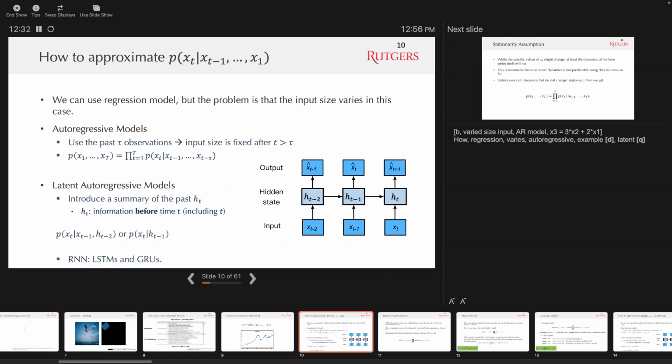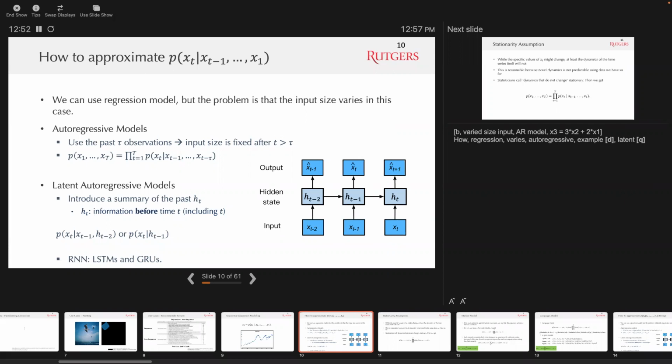But what if I don't want to make such an assumption? What if, when predicting the current value, I want to take into account all the past history? It can actually be done by introducing a variable we call ht.